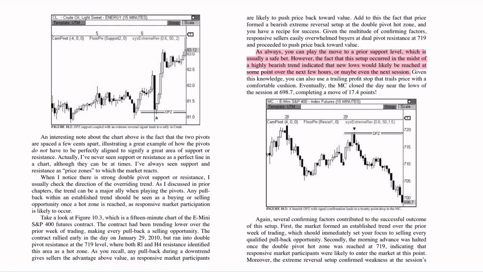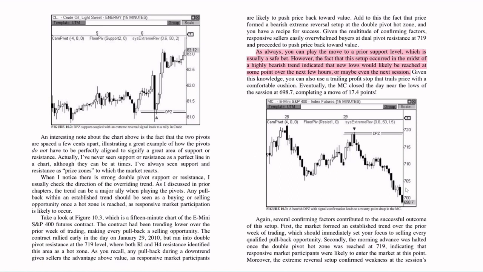And you know that any pullback during a downtrend gives the sellers the advantage, and responsive sellers will come in and push the price downwards to a further support area. That is what has actually happened over here. Here also, an extreme reversal setup has formed at the double pivot hot zone, and as the trend is also bearish, the market started moving down.